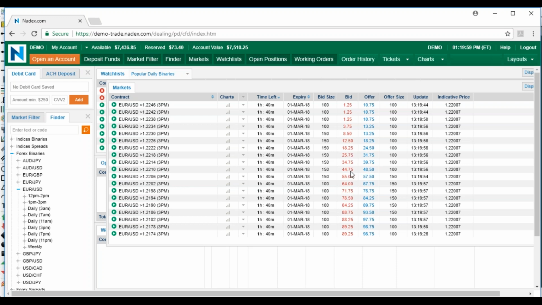Why? Well, because it's kind of still on the fence, right? It could go up just a little bit and expire worth 100. It could go down just a couple ticks and be 0. So up until expiration, it's going to be right around 50 bucks. So when you're looking at all these different strikes and all these different prices, don't get confused.